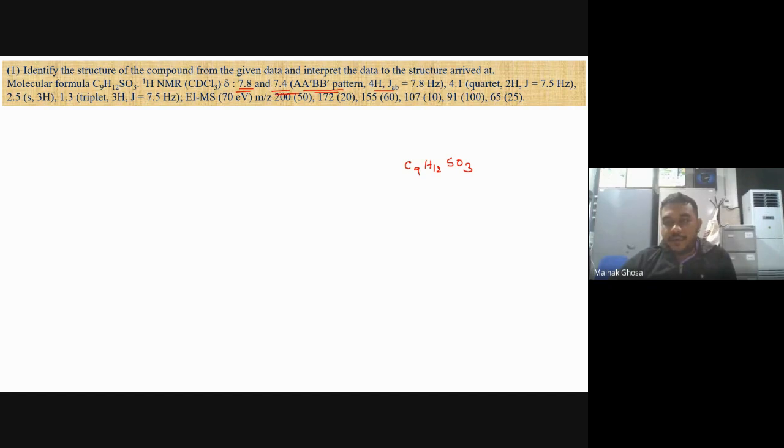Also there is a 4.1 quartet of 2 hydrogens, and this coupling constant is the same. Always look at the coupling constant. This is the same as this one, which is showing a 3 hydrogen triplet, and there is a 2.5 singlet of 3 hydrogens. In ESI-MS, we will go to that later after completing the NMR. But first, from the NMR, can you predict what kind of compound this is?